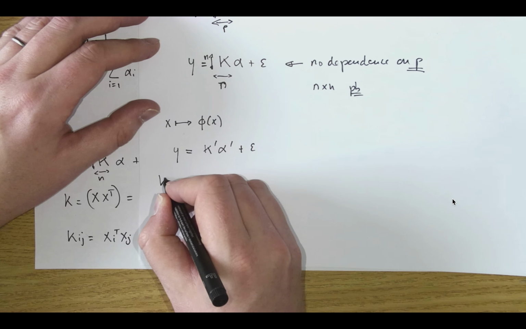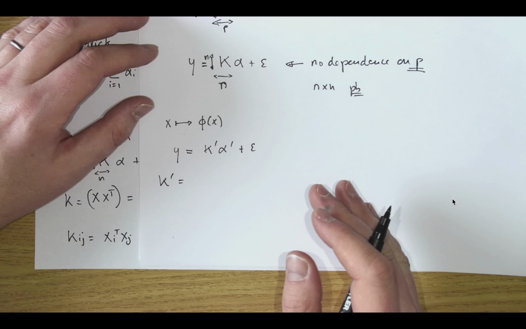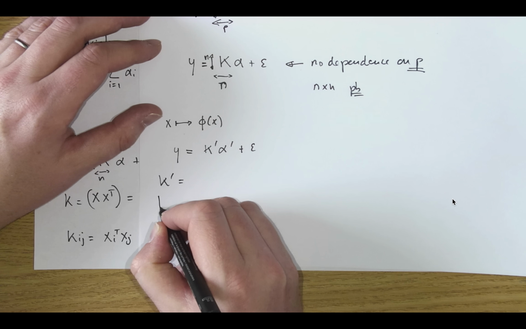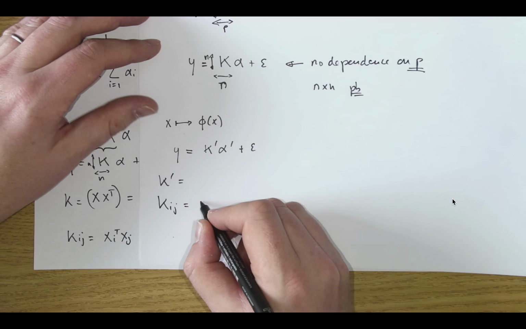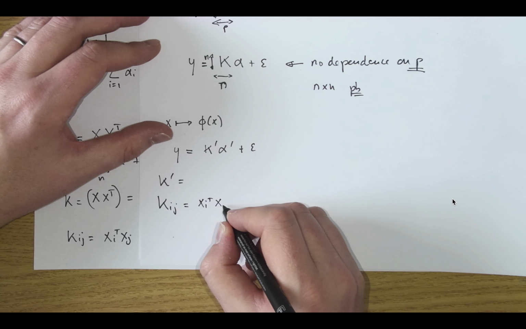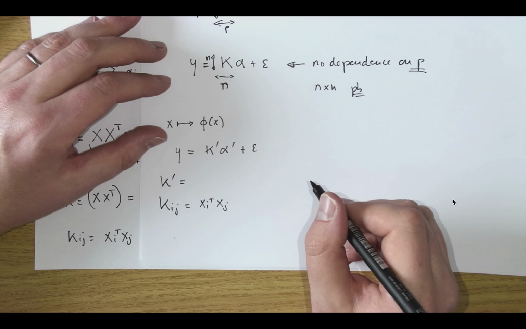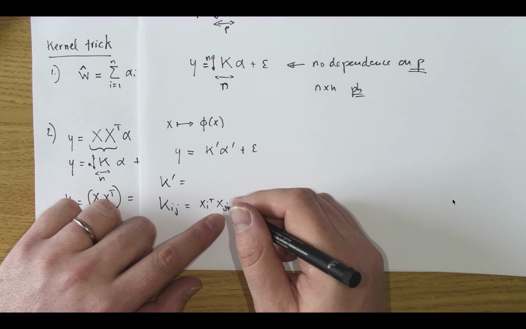So K prime now would be, so still everything applies, but we had K, which would have been, so I'll say that again for reference, the transpose between x of i and x of j, the observations xi and xj.